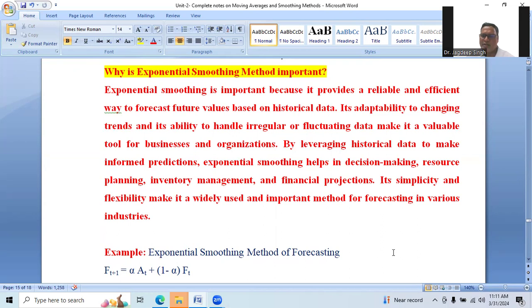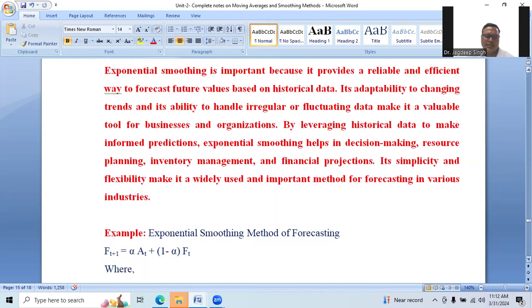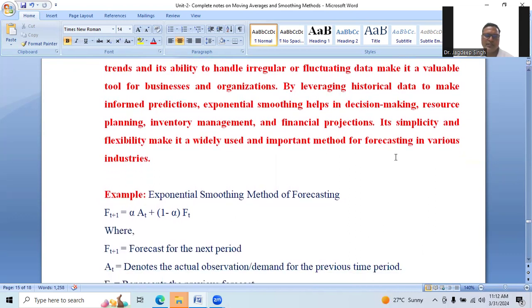By leveraging historical data to make informed predictions, exponential smoothing helps in decision making, resource planning, inventory management, and financial projections. Its simplicity and flexibility make it a widely used and important method for forecasting in various industries. So we need to understand this exponential smoothing method of forecasting.